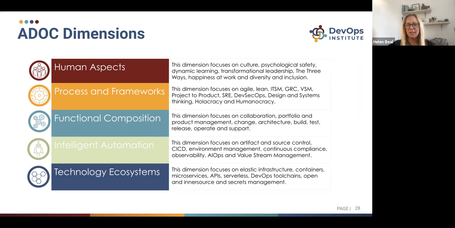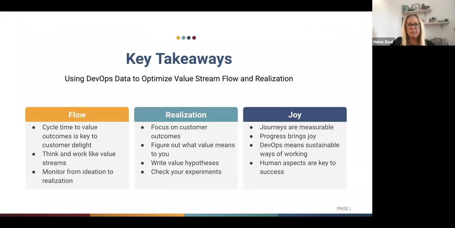So the technology ecosystem, so typically the cloud environments, or if you're still in data centers. So by using a capability assessment, we can measure those metrics. We use the DevOps metrics, the flow metrics, and other ways of measuring these capabilities over time and seeing how a DevOps journey progresses.